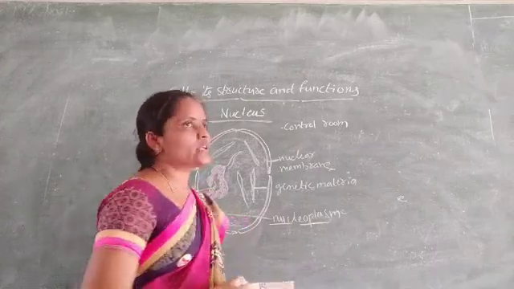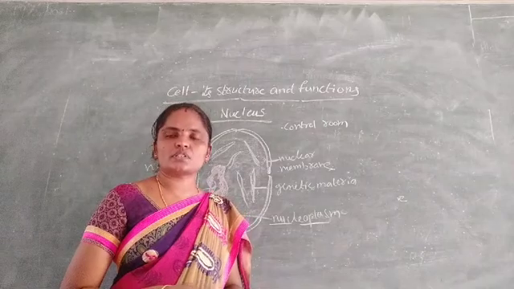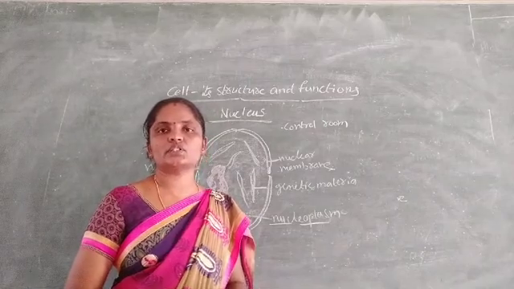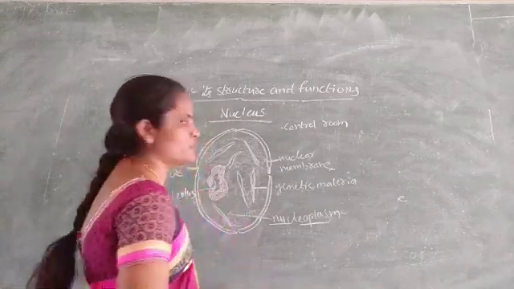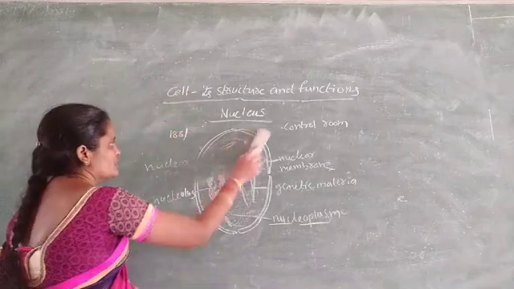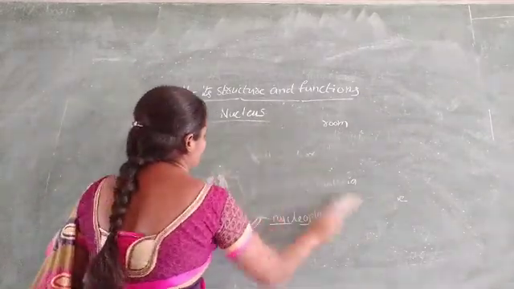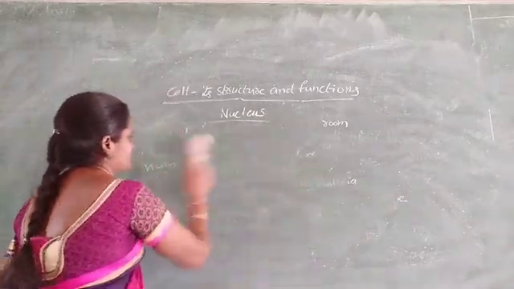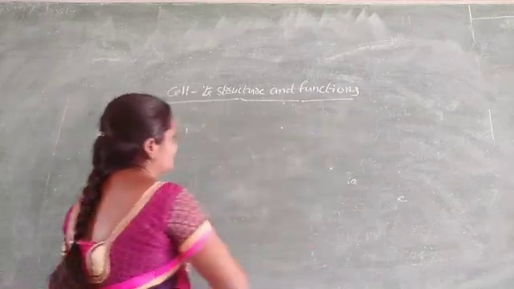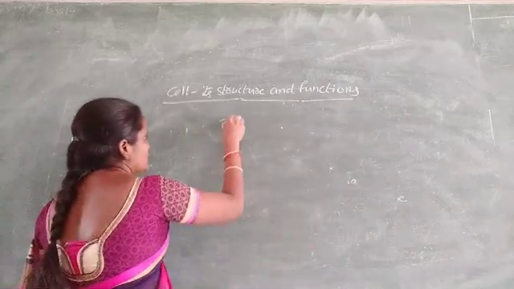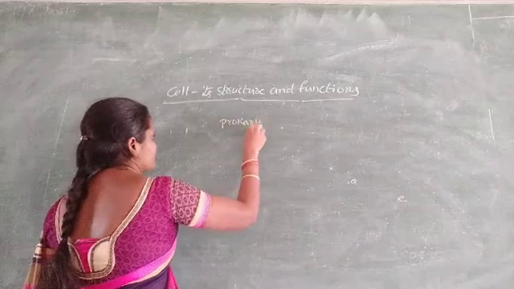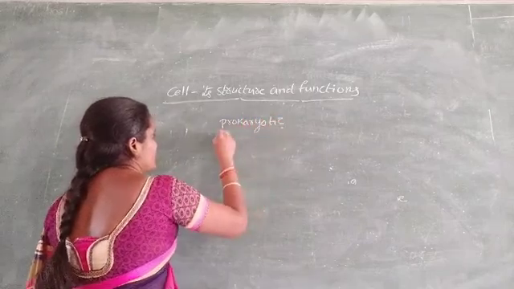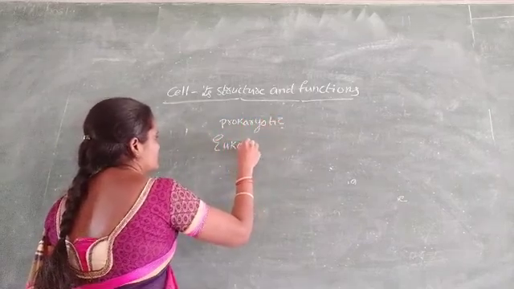On the basis of the presence or absence of the nucleus, the cells are divided into two types. What are those two types? Prokaryotic cells and eukaryotic cells.